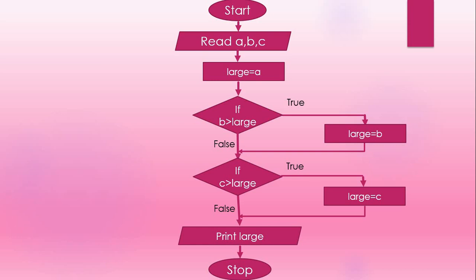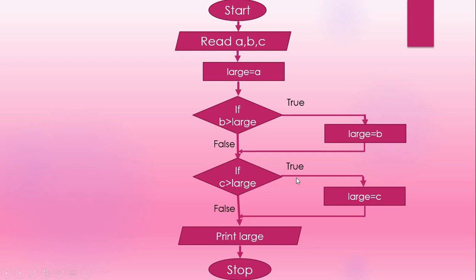Whenever we find that the other number is greater than the large, we change the large value. So here it first checks whether the second number is greater than the large. If this condition is true, then large will be changed to B. If B is not large, that means A is only large, and now it goes here and it checks whether C is greater than large.